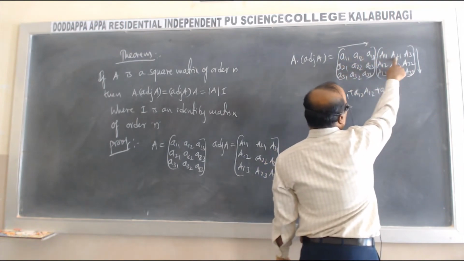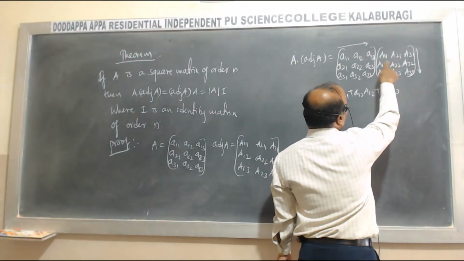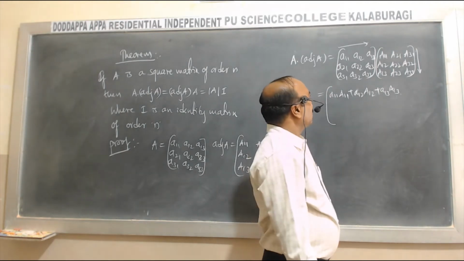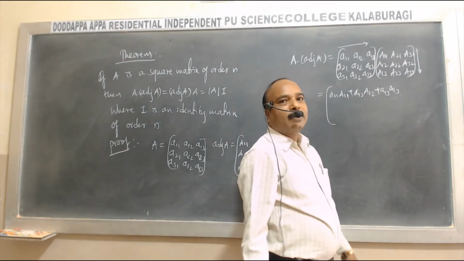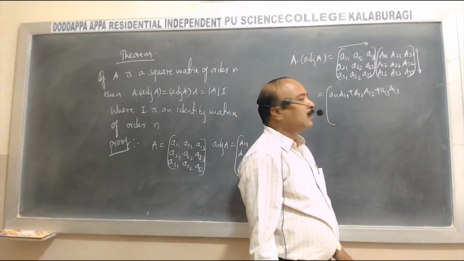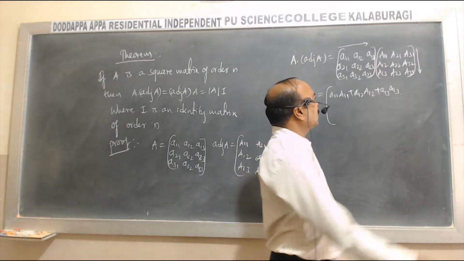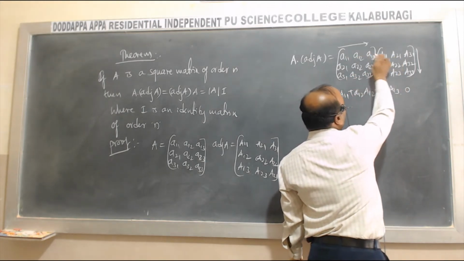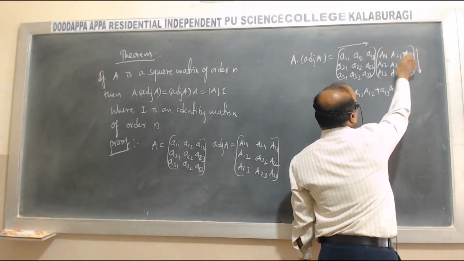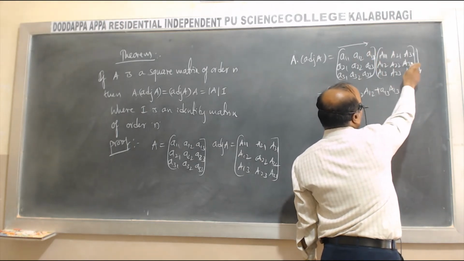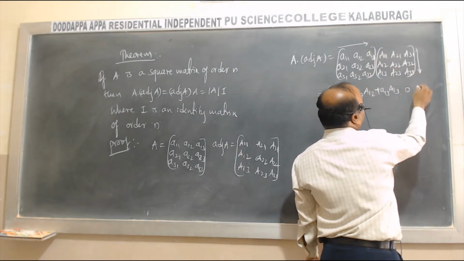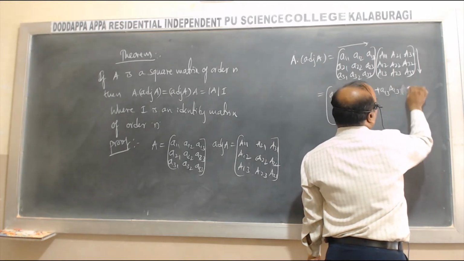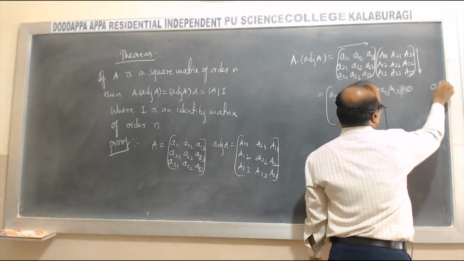We get a11 A21 plus a12 A22 plus a13 A23. It is nothing but the sum of product of the elements of a row with the cofactors of another row. Then its result is always equal to 0. Next, first row, third column: a11 A31 plus a12 A32 plus a13 A33. It is also equal to 0.